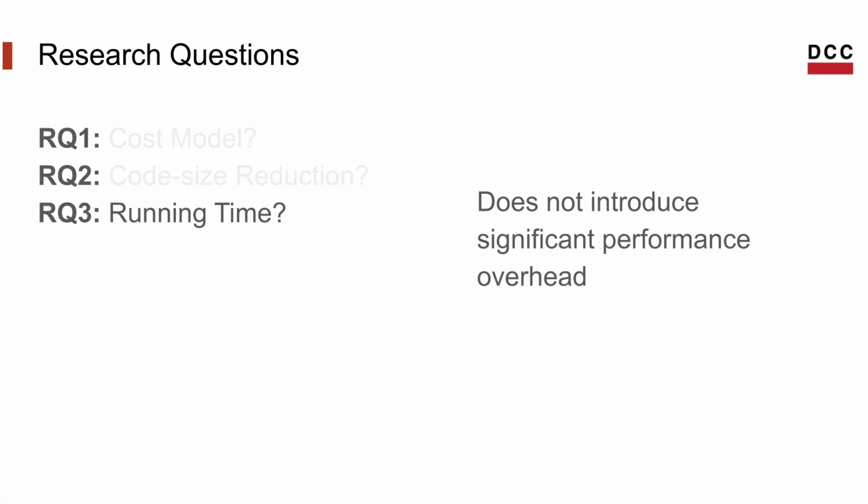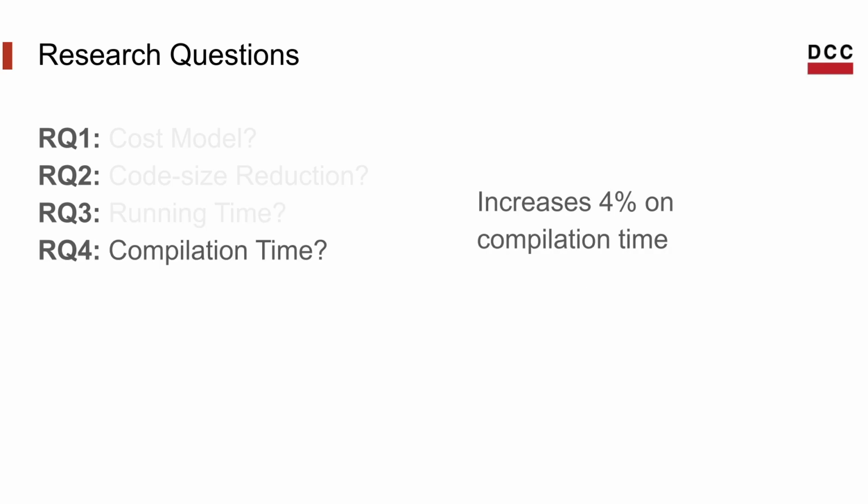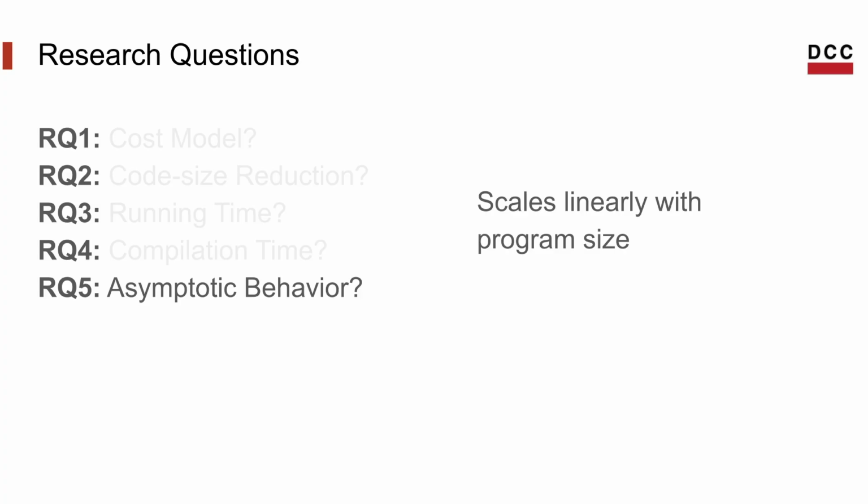The running time of the test saw no significant performance overhead, but the compilation time increased by 4%, almost double when compared to the IR outliner and the func merging pass. Despite the slight compilation overhead, the implementation scales linearly with program size.